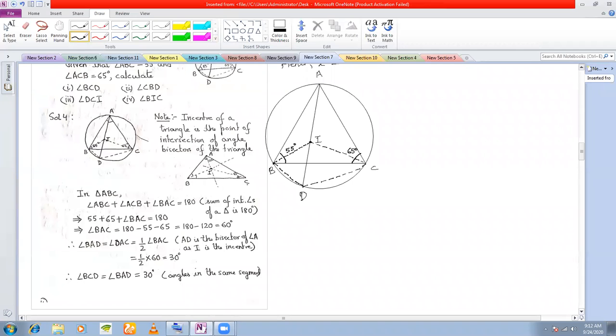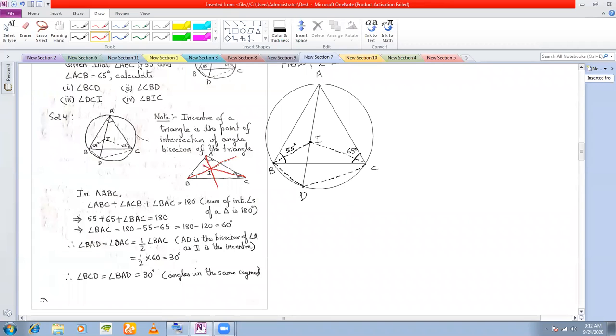See, you have your triangle ABC here, and here this is the bisector of angle A. This is the bisector of angle B, and this is the bisector of angle C. They meet at a point, and therefore that point we call the in center of the triangle. Okay.